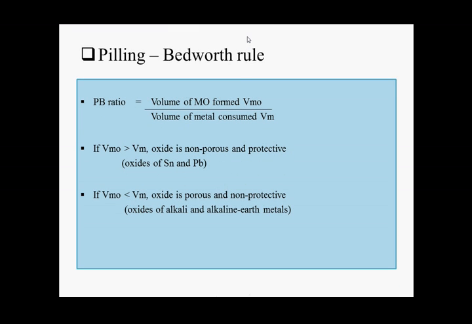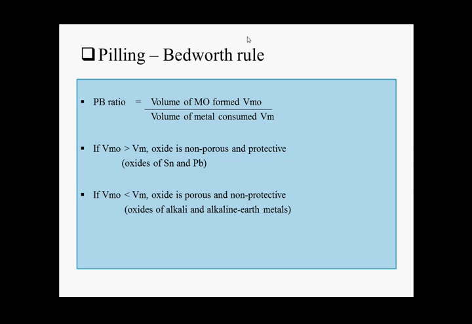Then, the metal oxide, the corrosion product which is formed on this metal due to dry corrosion, may be protective, stable, unstable or non-protective. The protective and non-protective nature of the metal oxide formed can be predicted from a rule called Pilling-Bedworth rule.